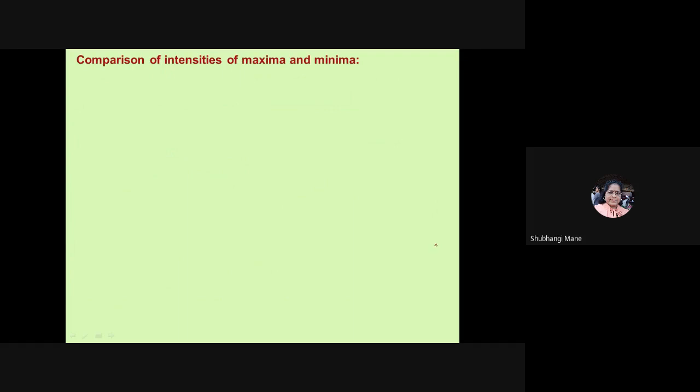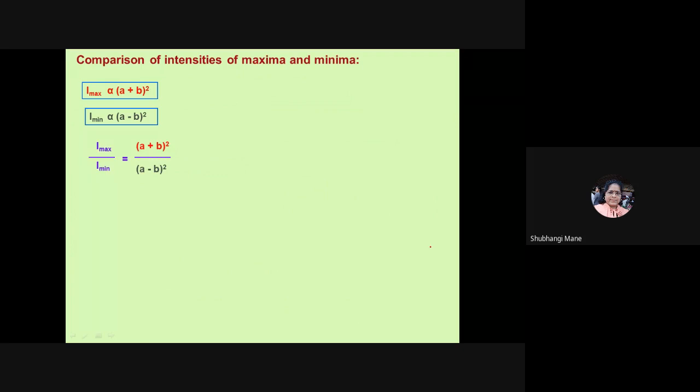Next, comparison of intensities of maxima and minima. We said that I max is directly proportional to (a plus b) square. I min is directly proportional to (a minus b) square. And I max upon I min, the intensity corresponding to each maximum upon the intensity corresponding to each minimum, is expressed in terms of (a plus b) square upon (a minus b) square.